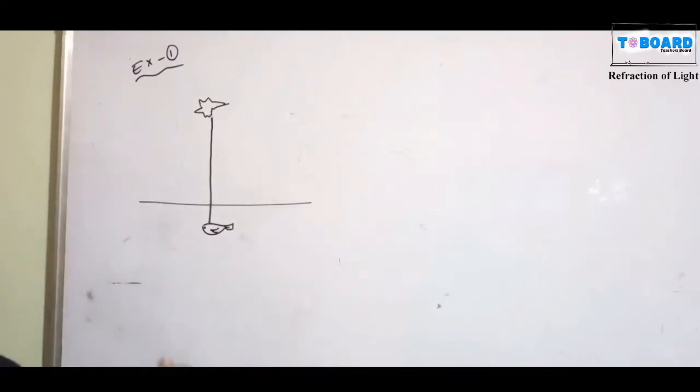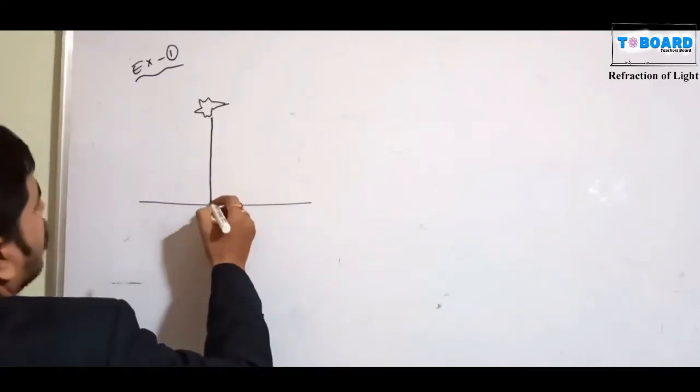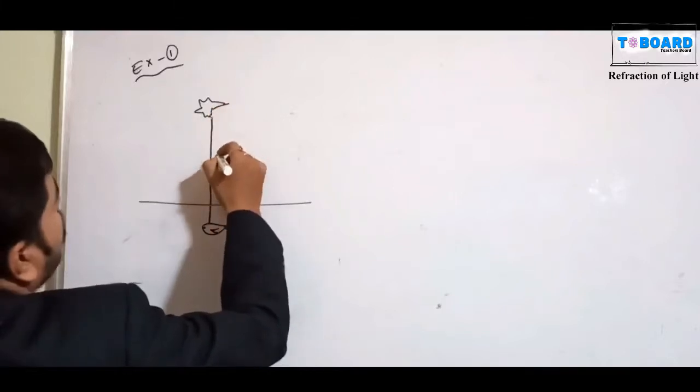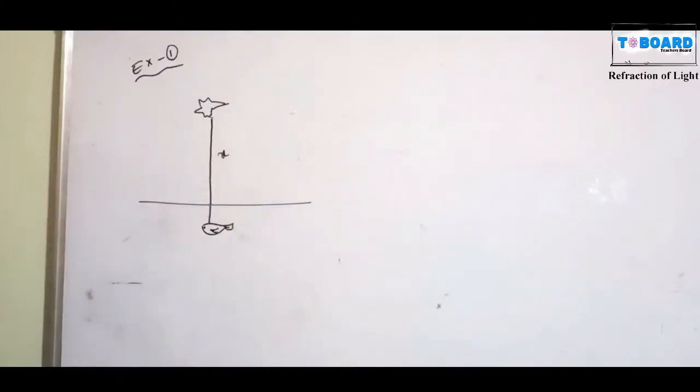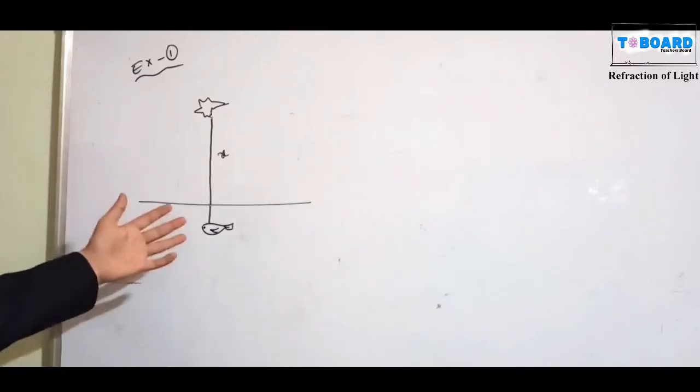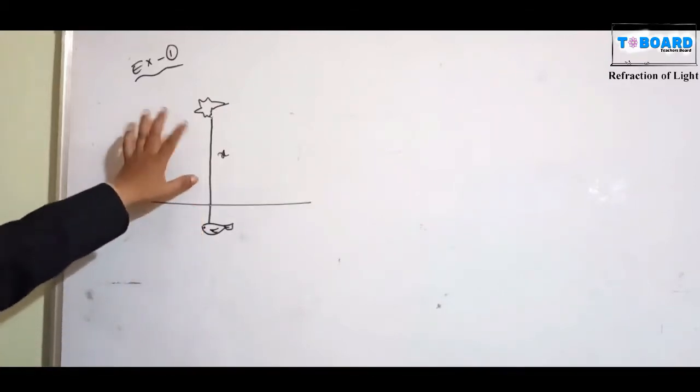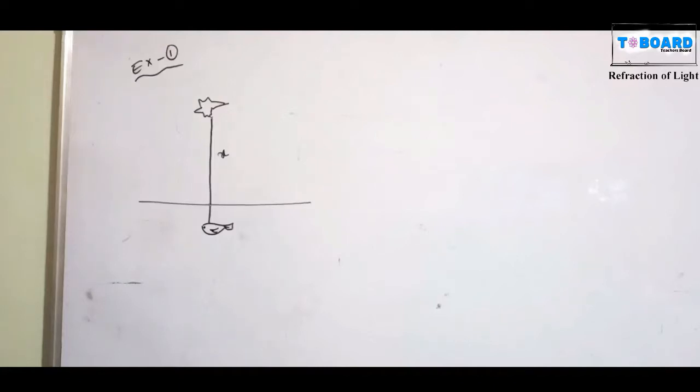For this, I am going to say that there is a distance from the pond to the bird. It should be x, right? I don't know what kind of distance it will be, so that's why I am going to call it x. Inside the water, the fish will also try to observe.